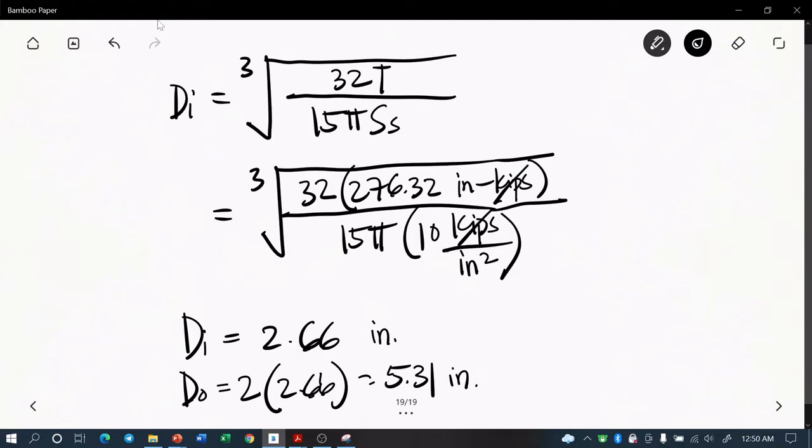Okay, so we obtained this value for d sub I, but likewise with our previous calculations, we're not going to use these values. So we must use the standard value for the final diameters, d sub I and d sub O, to be declared.